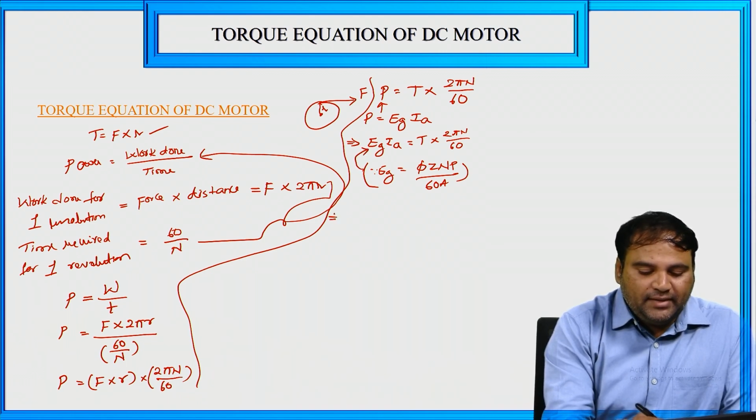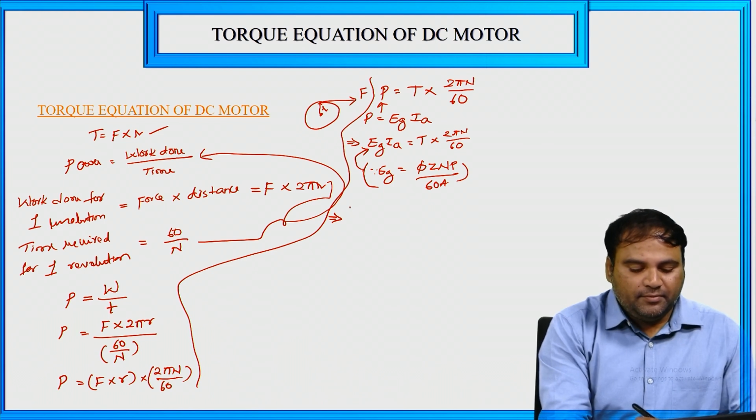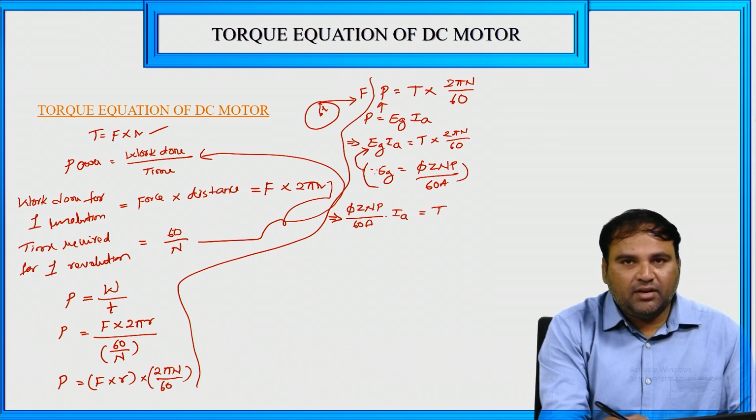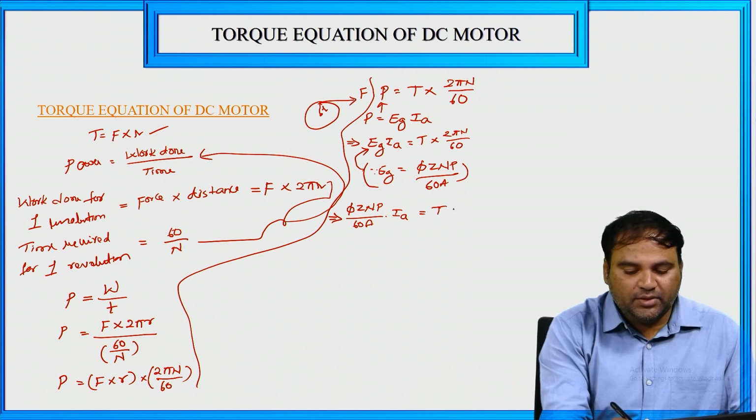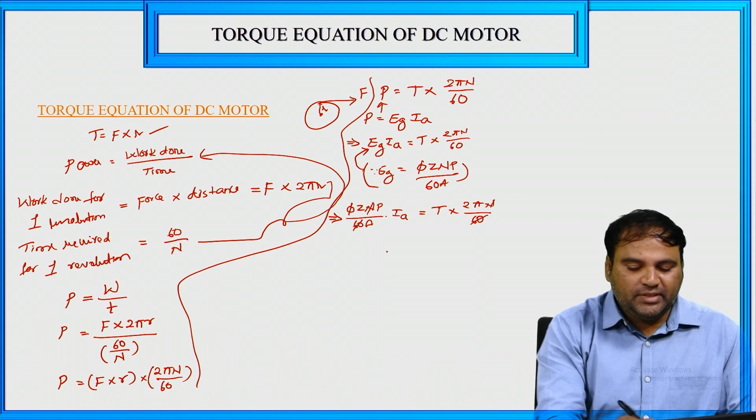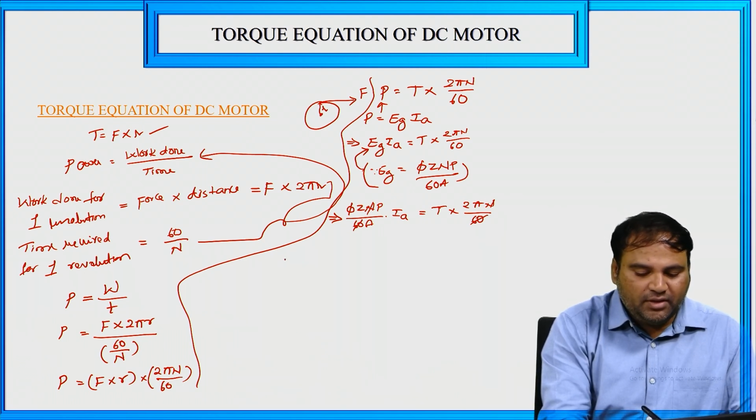So we'll get φZNP by 60A into Ia equal to armature torque into 2πN divided by 60. Here 60 gets cancelled and N gets cancelled. Now by using this equation we have to find out the torque.